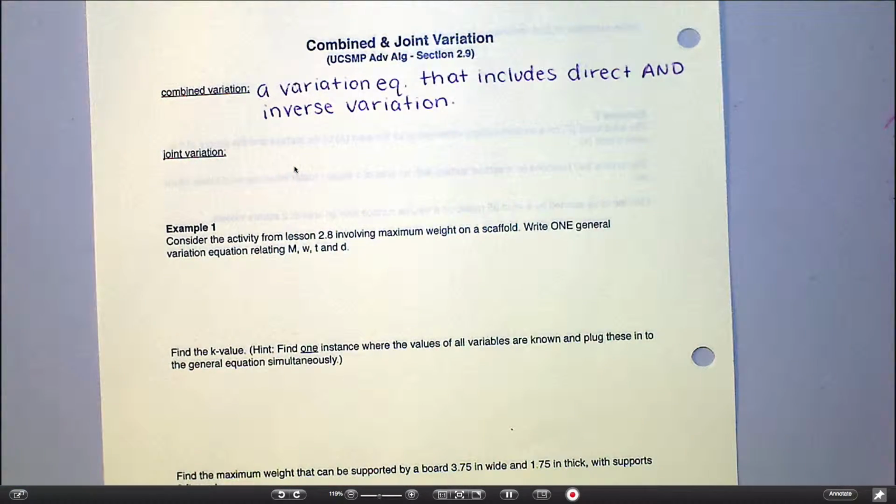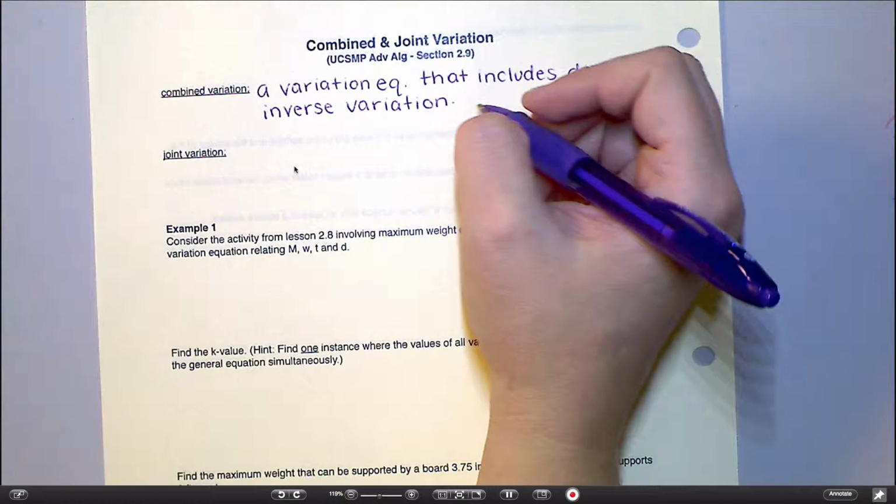Okay. So a variation equation that includes direct and inverse variation.